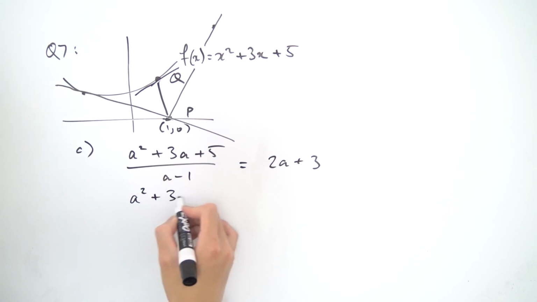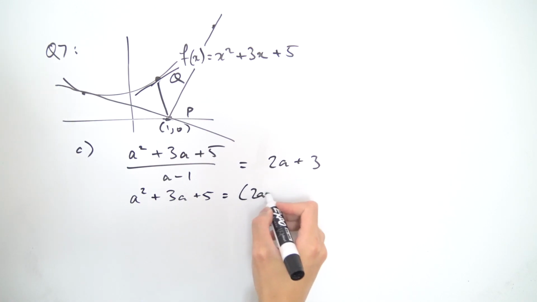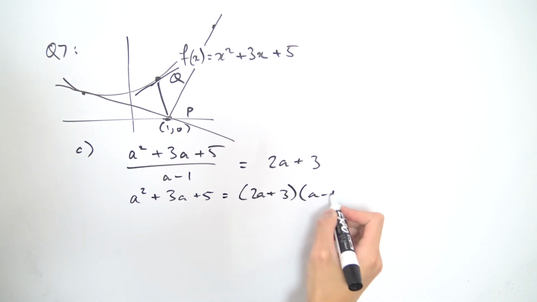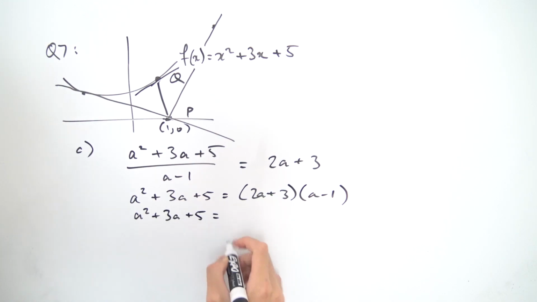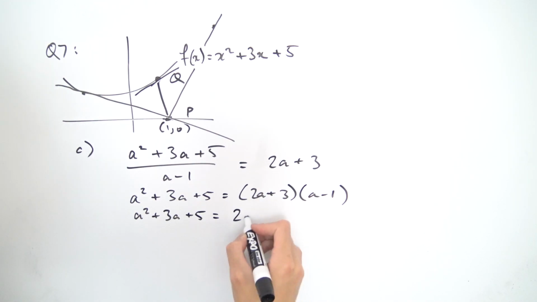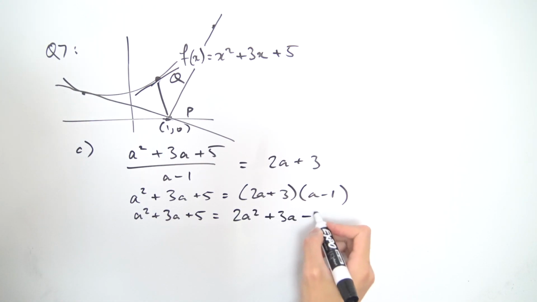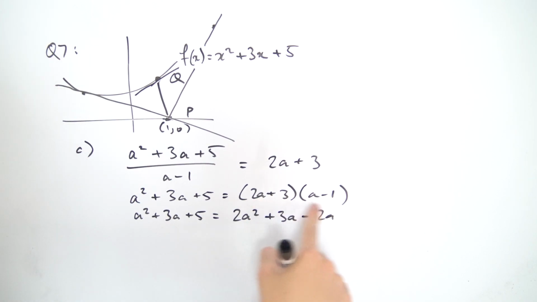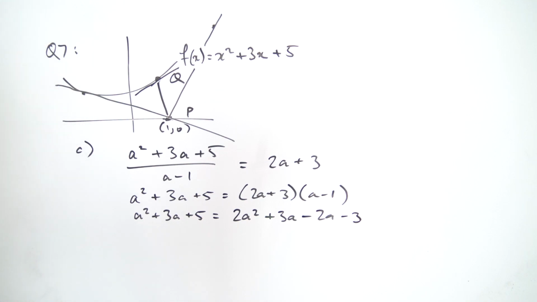So a squared plus 3a plus 5, multiplying both sides by a minus 1, that's 2a plus 3 times a minus 1, and we get a squared plus 3a plus 5 being equal to, now expanding this out, 2a squared plus 3a minus 2a, and then we have minus 3 like so. And now subtracting 3a on both sides, those will cancel out.